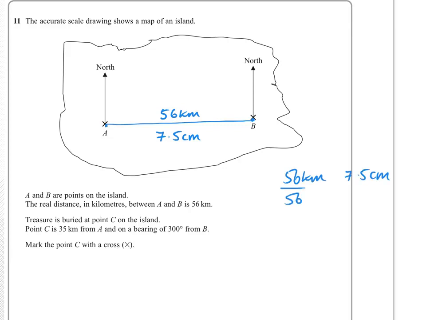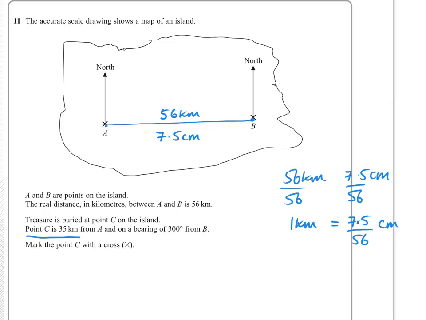So if I divide both sides by 56, then 1 kilometre is going to be 7.5 over 56, and that can be my scale factor of enlargement, because it says here that treasure is buried at point C on the island.